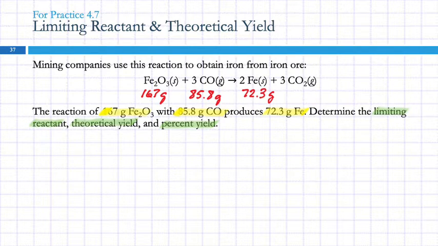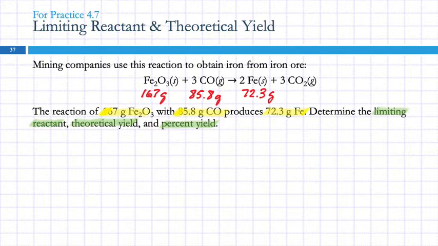What's going on? This number that they gave us is the actual yield. They're not calling it the actual yield like they did in that other problem. They're saying this reaction produces 72.3 grams.